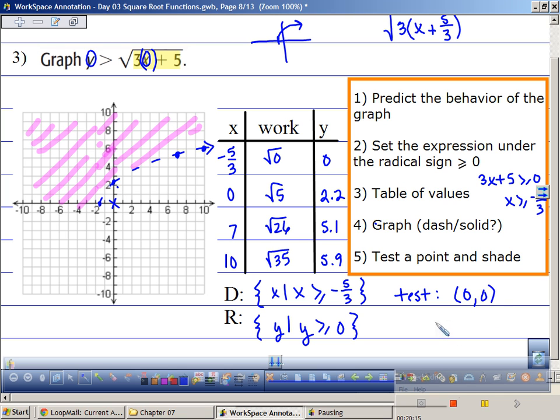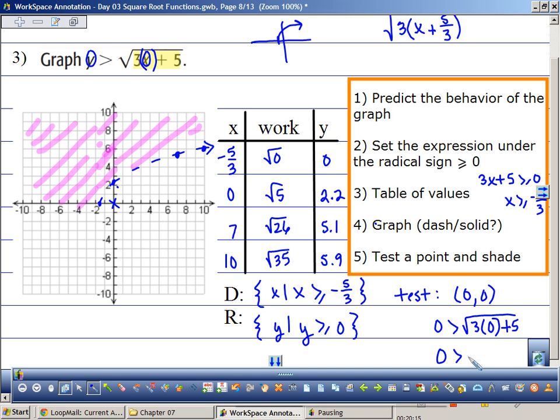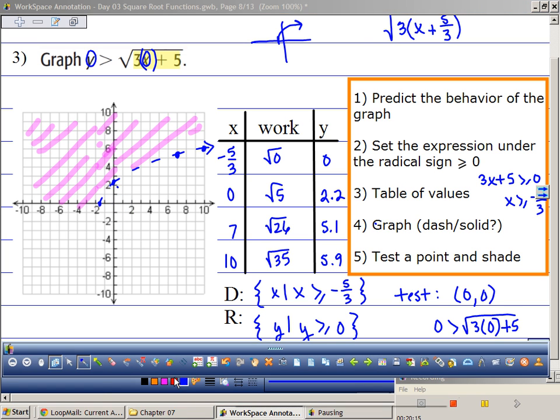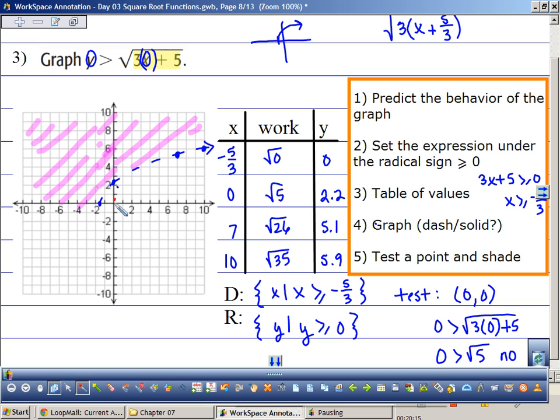And when I test 0, 0, I get 0 is greater than 3 times 0 plus 5, which makes 0 greater than 5, which is a no. Therefore, 0, 0 is not included. We'll make it red. Does not work. Is that better, Evelyn?